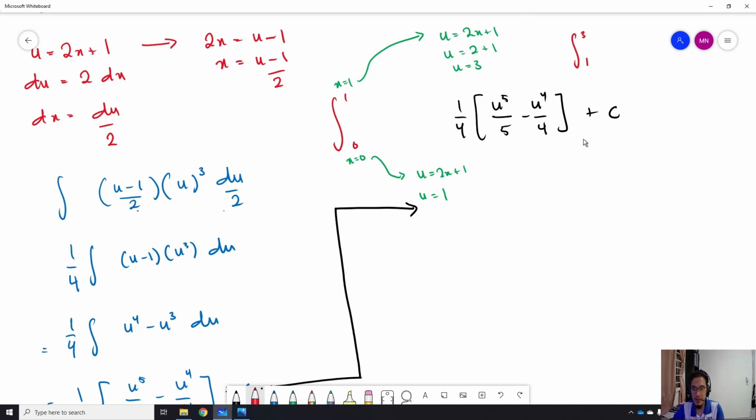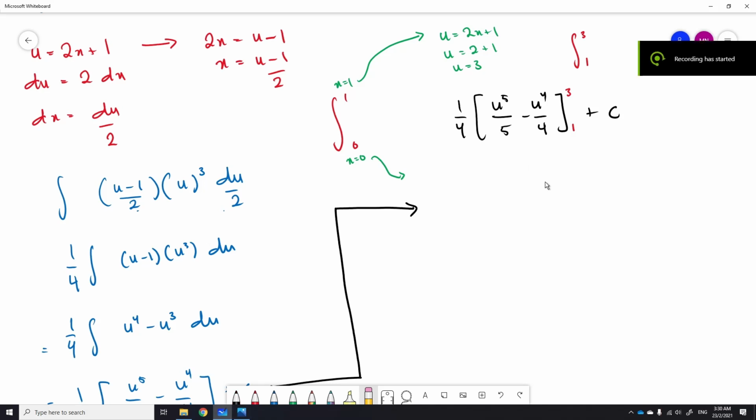Since our function is in terms of u, we can use 3 and 1 as the limits of integration, which represent values of u. So now we can substitute 3 and 1 directly into u without changing u back to 2x plus 1.